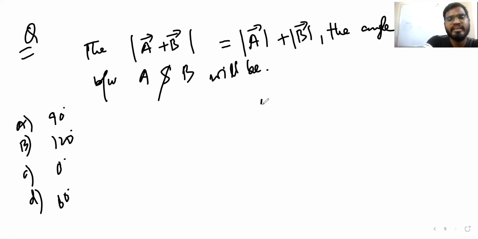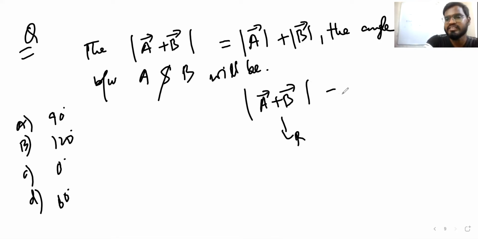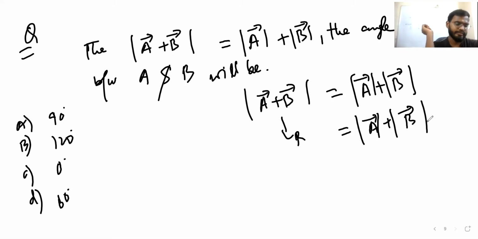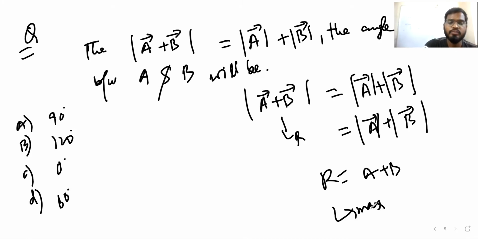So vector A plus vector B is a resultant, guys, and that should be equal to the individual mods added. So the plus means what? The angle should be how much now? Ultimately you will get R is equal to A plus B, which means maximum. Maximum means the angle should be 0 degrees. Done. So by that way we can do these questions.